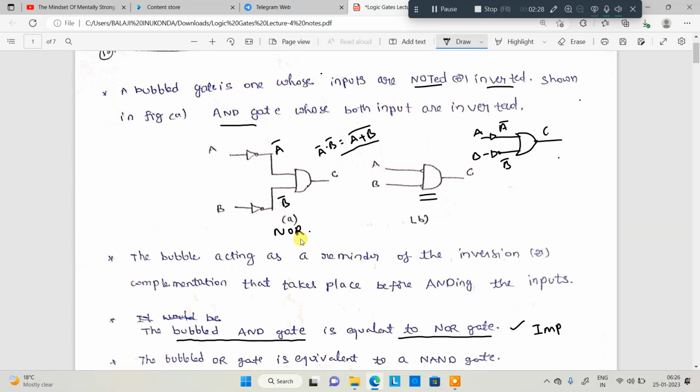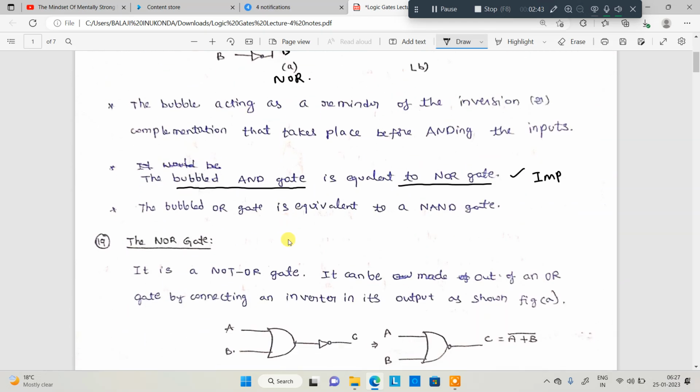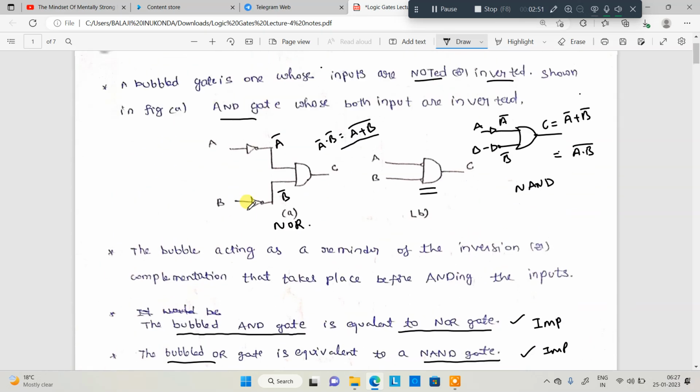Coming to the output, A bar plus B bar. Apply the De Morgan's, you will get plus converted into dot, AB whole bar. So this is a NAND gate. That means the bubble OR gate is equivalent to the NAND gate. NAND gate is also important. So this is about the NAND and NOR gates connected to bubbles.